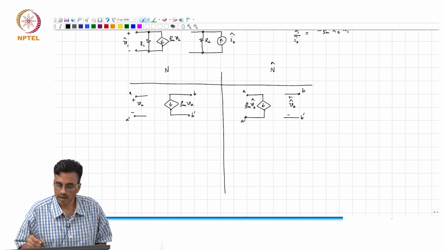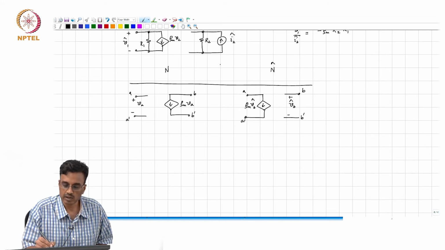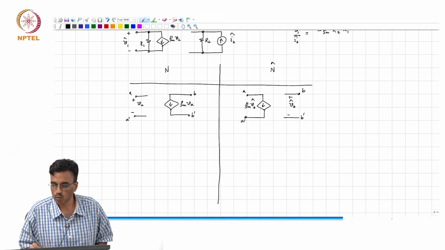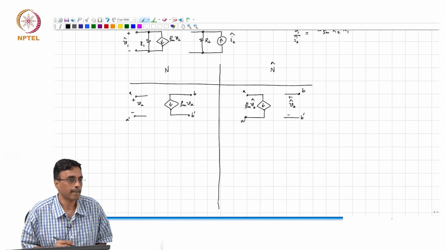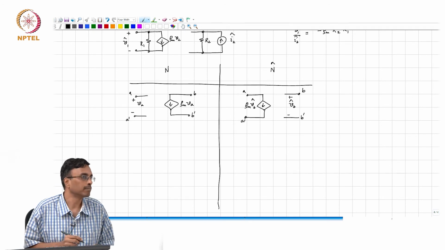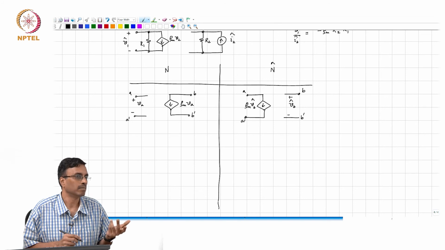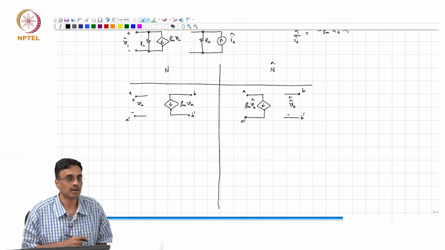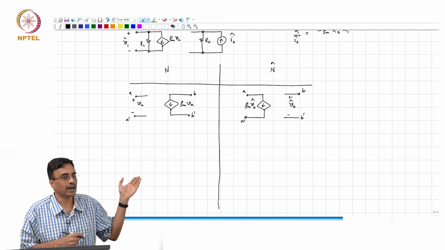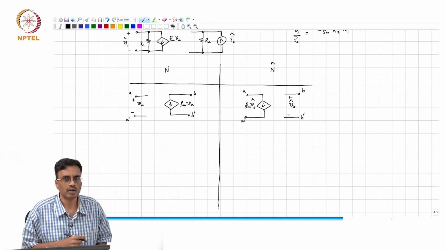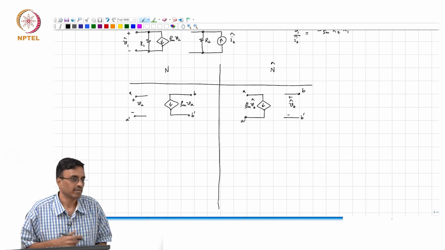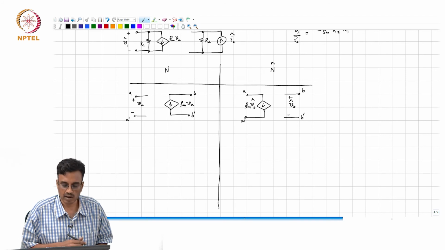Okay. Now, the next obvious question is what? What is the next obvious question? I mean, this is not the only control source we know. We know more control sources.